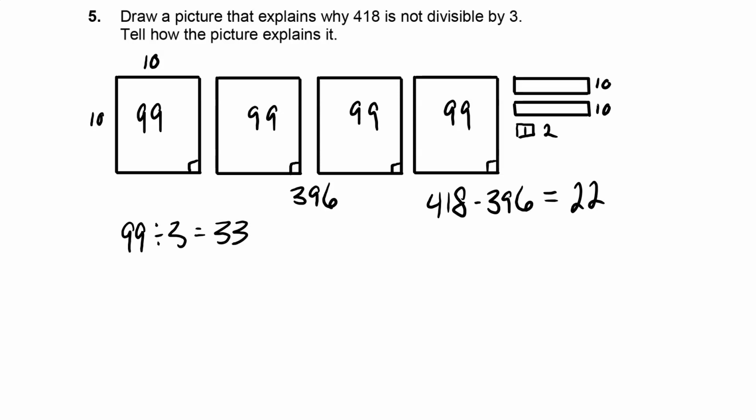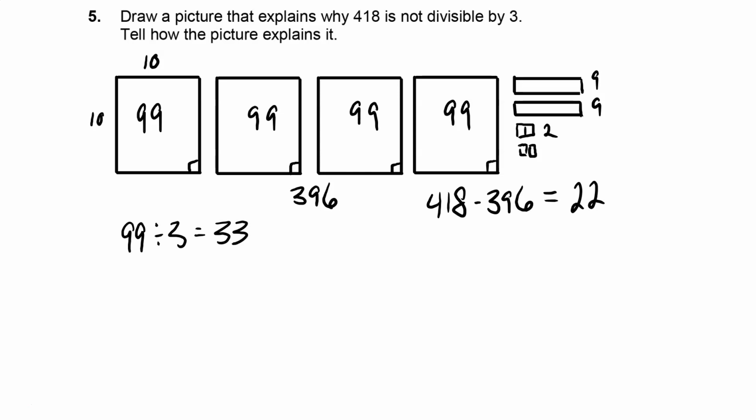But again, I don't want to end up with 10s because 10s aren't divisible by 3. So I'll shorten them and say now that they're just 9 each. So I've taken 1 off each of those, so I've got 18, 20. That means I need a couple more here. So now I've got my 22, and I've now got a visual representation that shows 418.